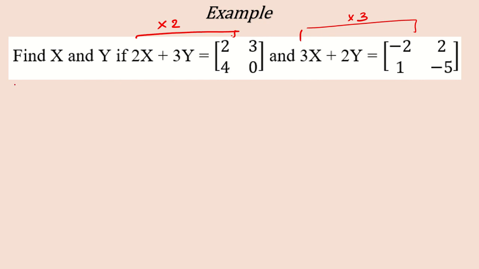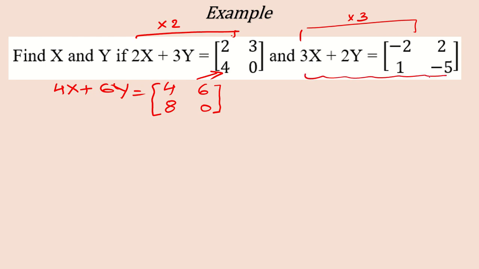So, if you will multiply by 2, then what you will get here? 2 times 2x will be 4x plus 2 times 3y will be 6y is equal to, this matrix will be multiplied by 2. So, every element will be multiplied by 2. So, 2 times 2 means 4, 2 times 3 means 6, 2 times 4 means 8 and 2 times 0 means 0. And the second equation we are going to multiply this by 3.